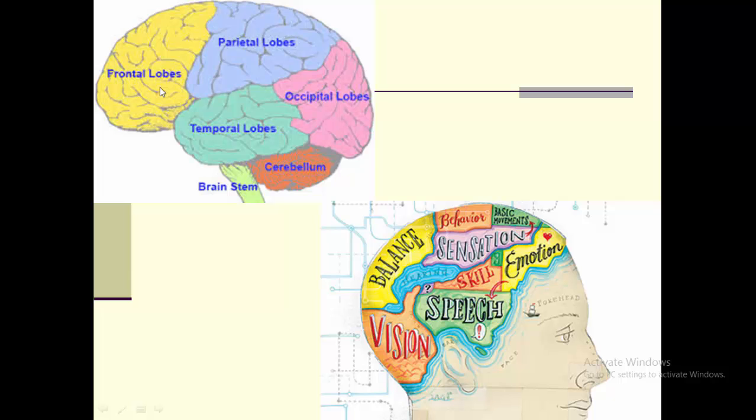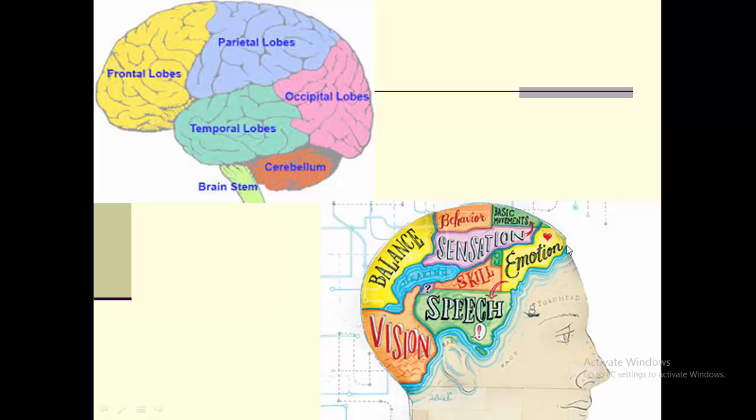This is الفص الجبهي بالعربي. Then the parietal lobe, then the occipital lobe at the back of your head, and the temporal lobe. And as you see, the map draws it all.